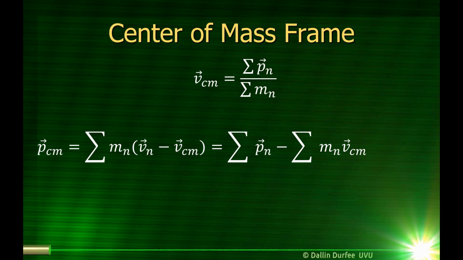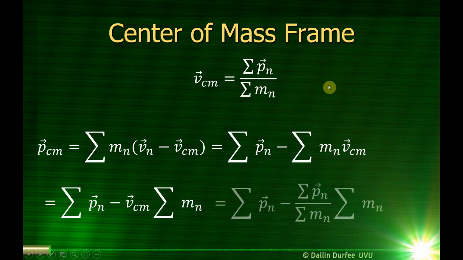It doesn't have anything to do with any particular object, it's the sum of all the objects, so I can pull that out of my sum. But now I know the velocity of the center of mass of my system is this thing right here, so I'll plug that in. And now the sum of the masses cancels out, and I'm just left with the sum of momentums minus the sum of momentums. And I have then proved that the momentum in the center of mass frame is zero, right?